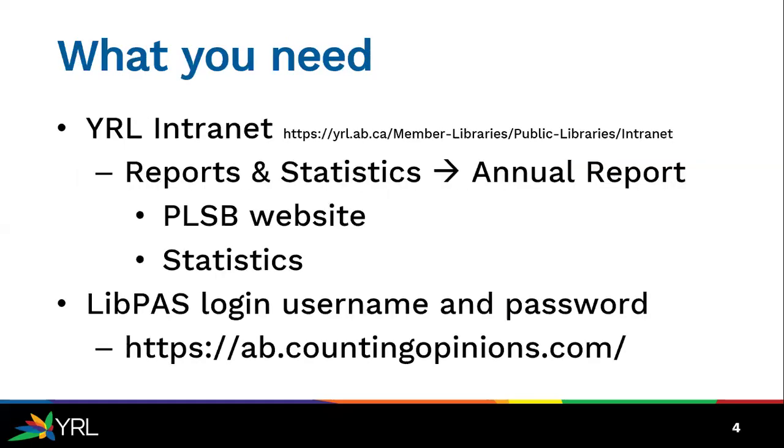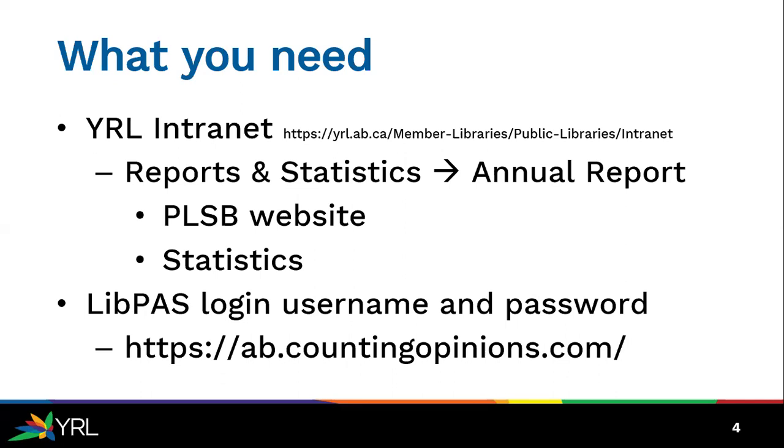So getting started with doing your annual report, you're going to want to gather up all the information that you'll need. And you can find the list of resources on the YRL intranet. We will be taking a look at that in a little bit as well. If you don't have it bookmarked, that URL is on the screen there. You can actually search it up from the YRL website.